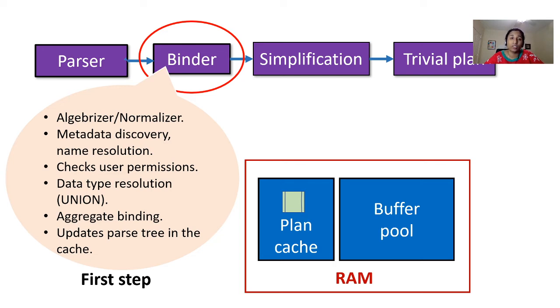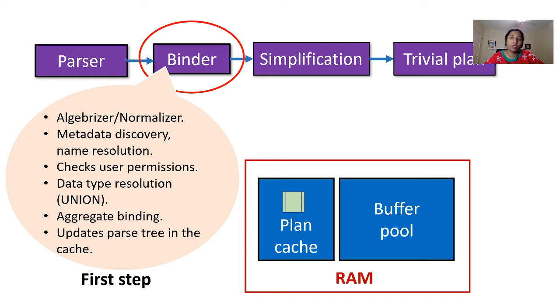Those kinds of things are checked here. And the binder will validate and identify the objects we are using in our query. The parser will just identify and validate the syntax of the query, but the binder is the one which will validate and identify the objects inside the query.